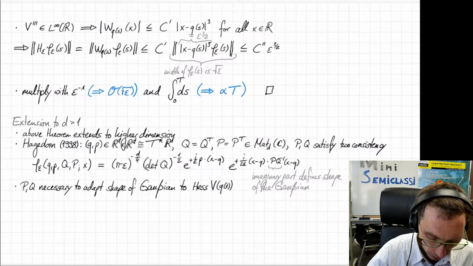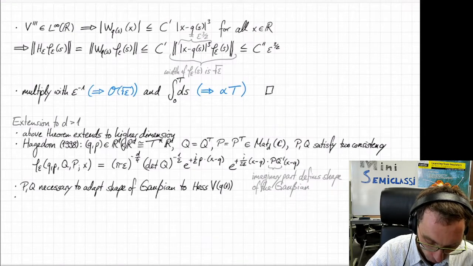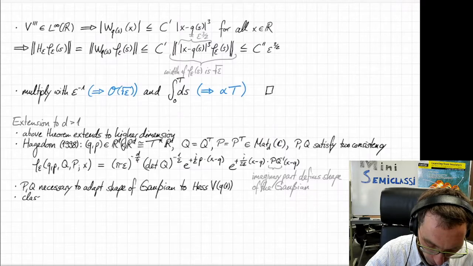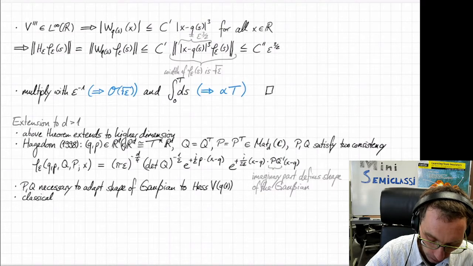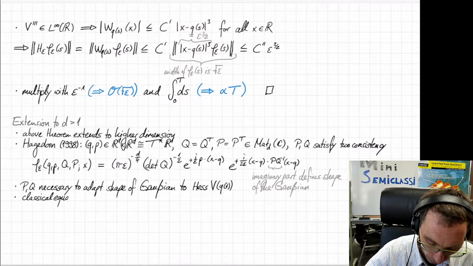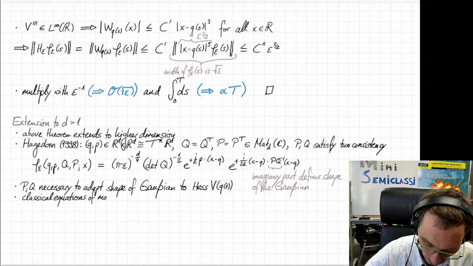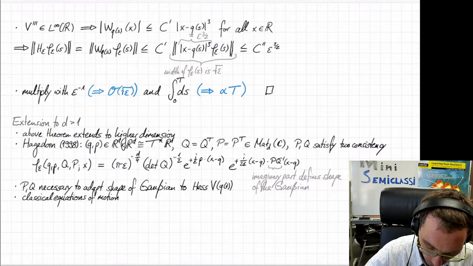And okay, let me now reveal why P and capital Q are named as such, and why it is convenient to factor the two matrices that determine the shape ultimately in this particular fashion. So the classical equations, so first for the small variables, they're just your usual equations.